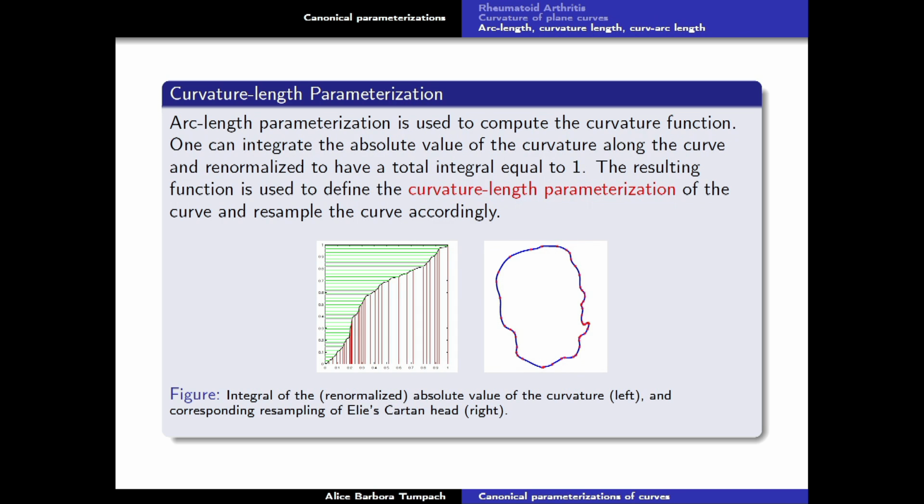What you obtain if you use this diffeomorphism is a new parameterization of your curve, which puts the points exactly where there is a lot of curvature. Because here we sample uniformly the output of this function, and this will put a lot of points where the curve is steep, and the curve is steep exactly where there is a lot of curvature.